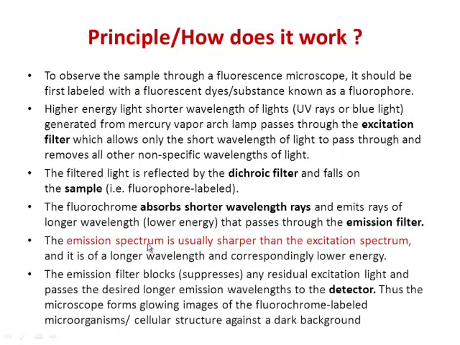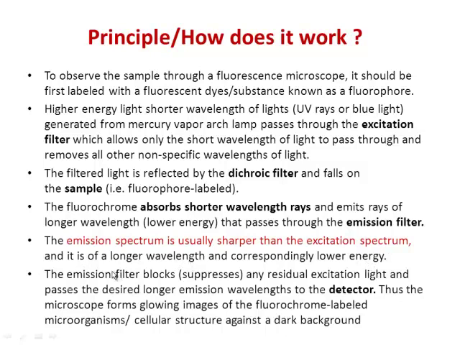So the emission spectrum, meaning the rays of light which are emitted from the object after the dichroic mirror or the dichroic filter, is usually sharper than the excitation spectrum. And these are of longer wavelength, meaning they have lower energy.